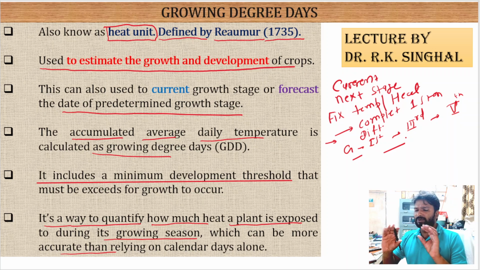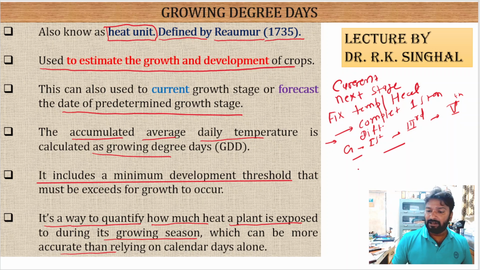So there are some 6 to 7 growth stages. Assume that from germination to first leaf, it will take 7 days. Then it will take 15 days to reach the next stage. Then it will take 20 days to reach the next stage.